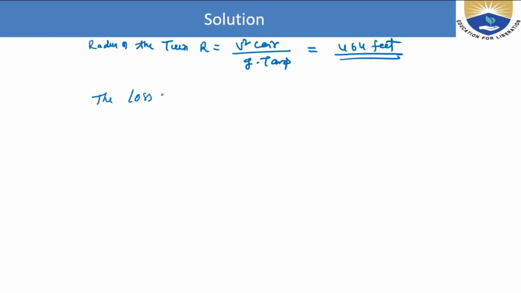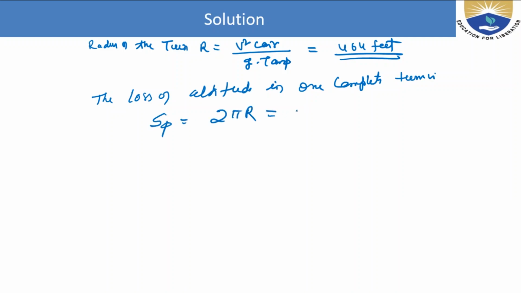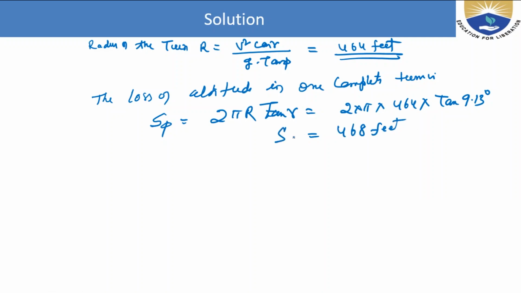The loss of altitude in one complete turn is S phi is equal to 2 pi R tan of gamma, 2 pi R is equal to 464 tan 9.13 degree. You will get 468 feet. So this much it will fall down.